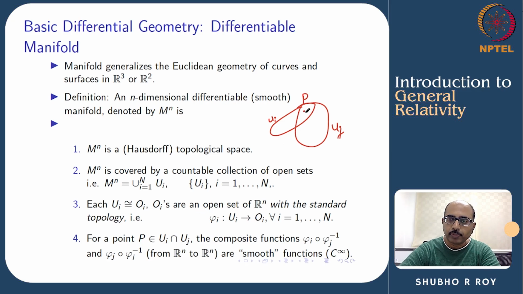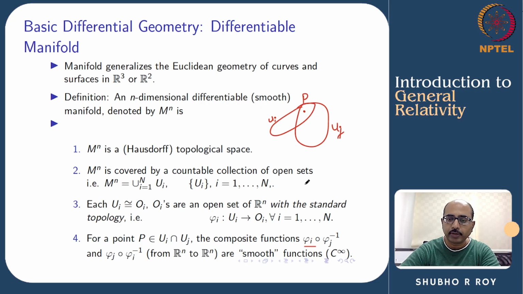Now, because P lies in the overlap, it can have two sets of coordinates. I'll explain that a bit later. But the idea is that these functions, phi i composed with phi j inverse, are called transition functions. Basically, what they do is write the coordinates of the point P on the second chart, or second open set, as smooth functions of the coordinates on the first open set.